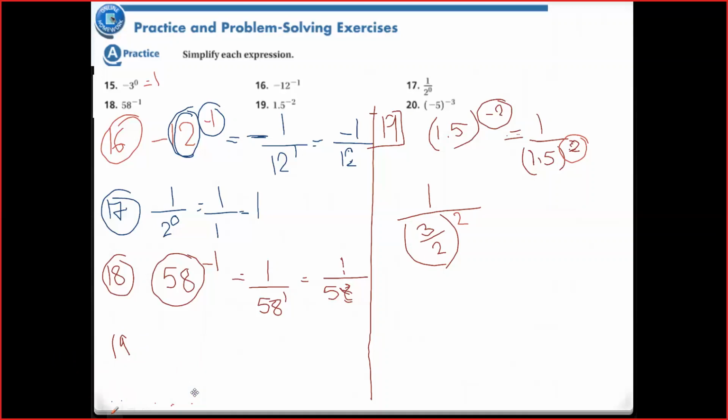This is negative, it's going down, it will be positive. Then 1 over... Now look here. Here this squared. Did you take before that it is distributed? Yes or no?